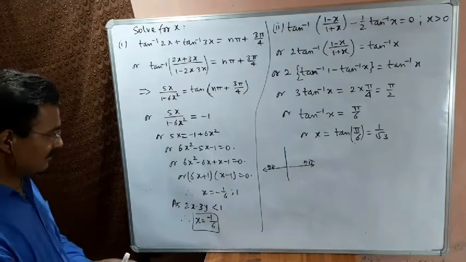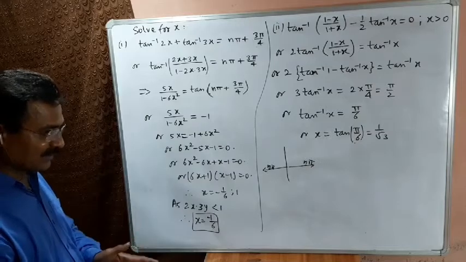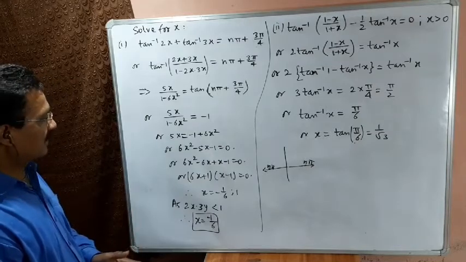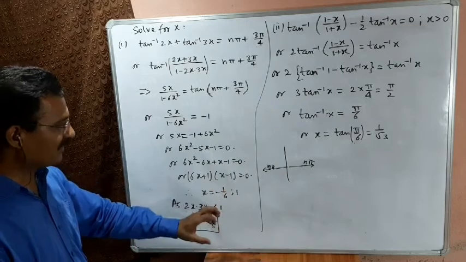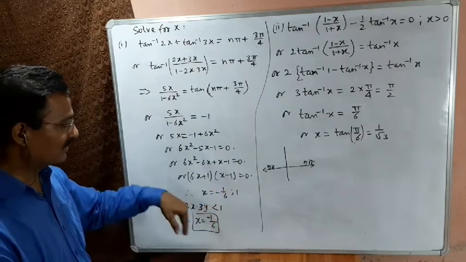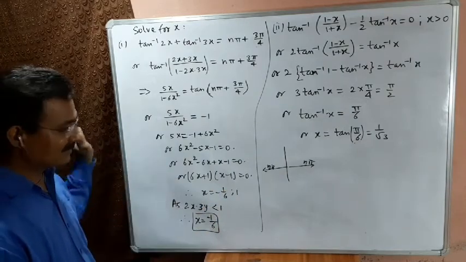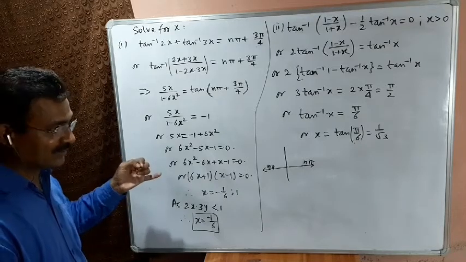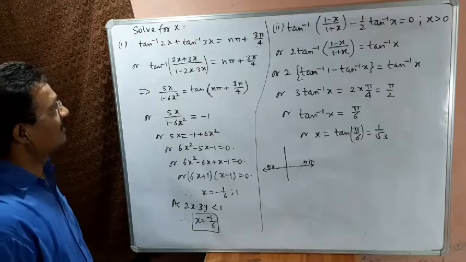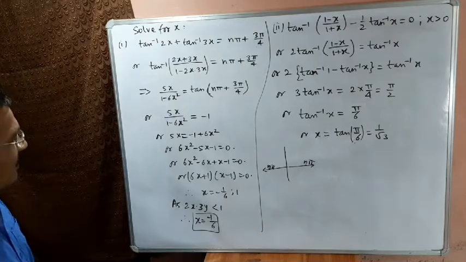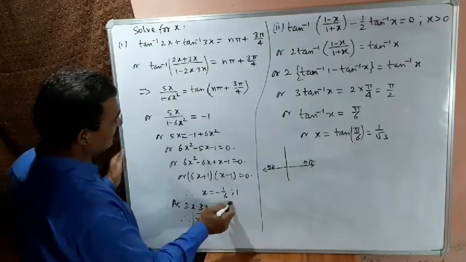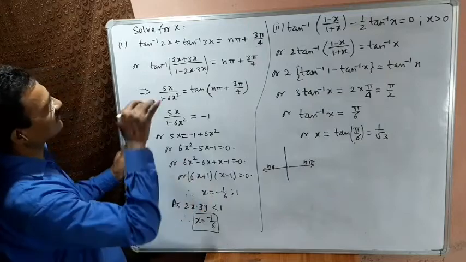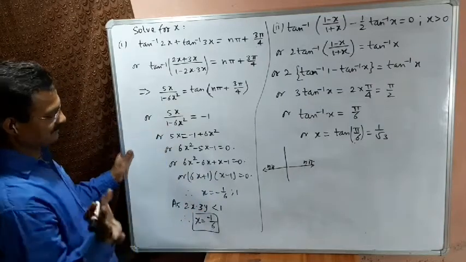here we should check the roots. Either both roots are possible, or none is possible, or one root is possible, and if one root is possible, then which one? For this, one way is that we put the values and see which one will satisfy and which will not.